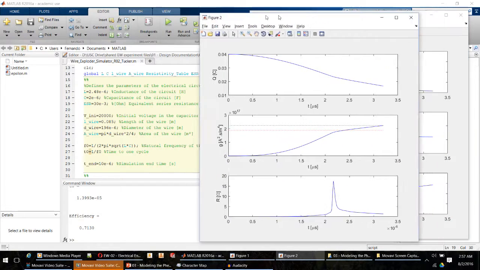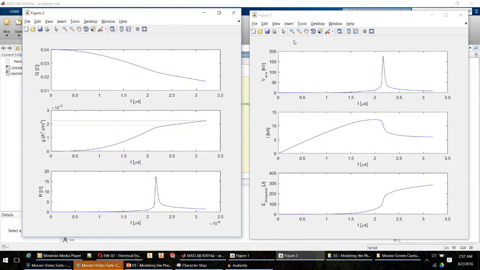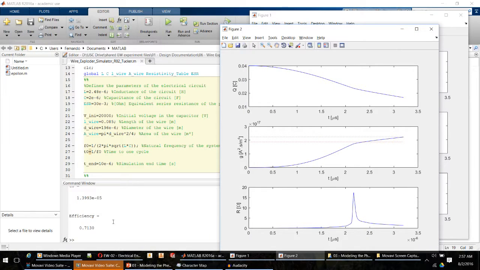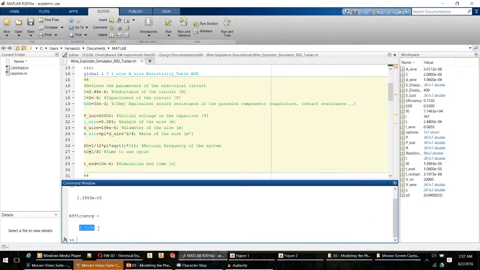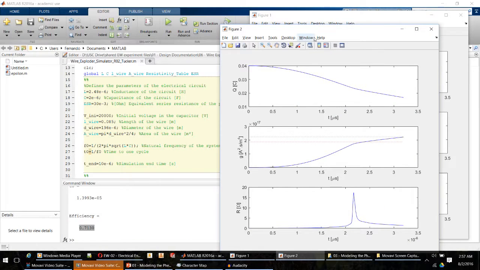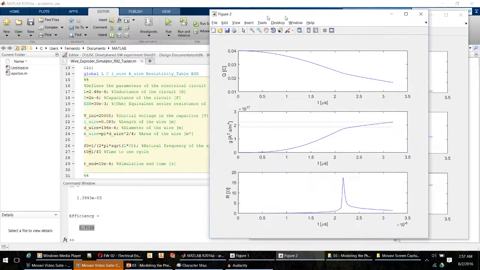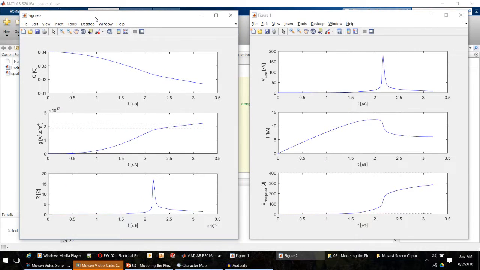It's exactly the same parameters as Mao's experiment, and you can see here the curves that it outputs. And let me show you here. It actually shows you the efficiency of this experiment, and you can see here that this value is actually very unrealistic given Mao's data and also given many other experimental data. So 71% is actually kind of impossible for this, I guess.